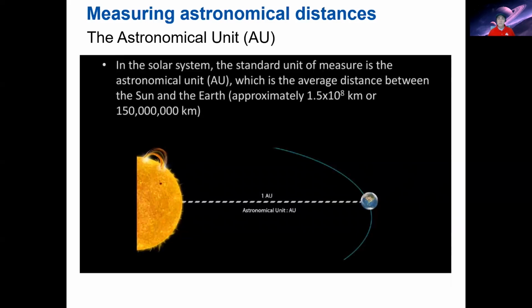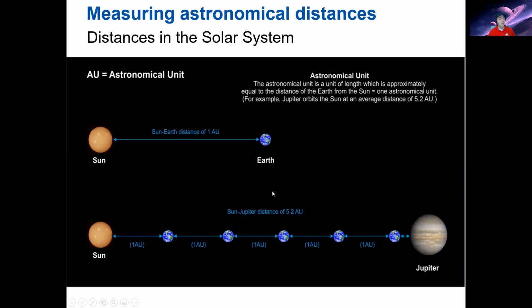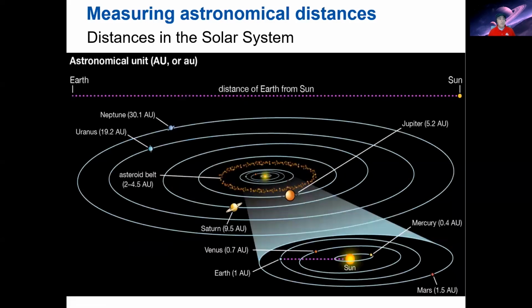Once the AU was established, geometry was used to determine the distances between the Sun and all planets in the solar system. Jupiter, for example, is located 5.2 astronomical units from the Sun. Saturn's distance from the Sun is 9.5 AU, while Neptune is located 30.1 AU from the Sun.